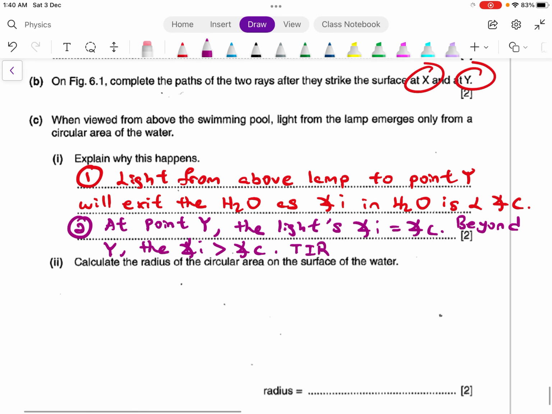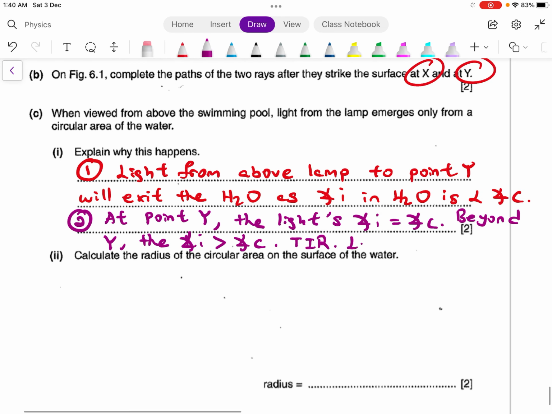So the light will not exit the water. So this actually forms a circular area of the water. Point number two is the dark areas that you see, and point number one is the circular area of the water.